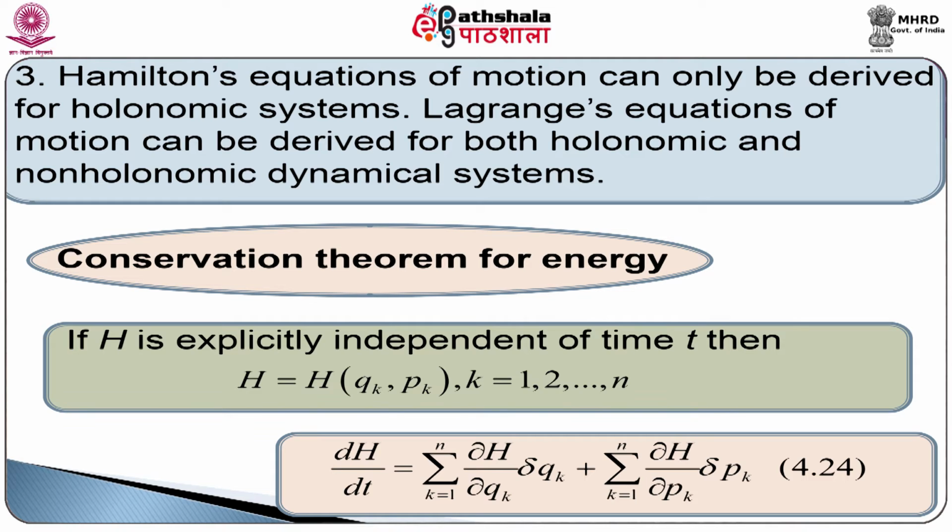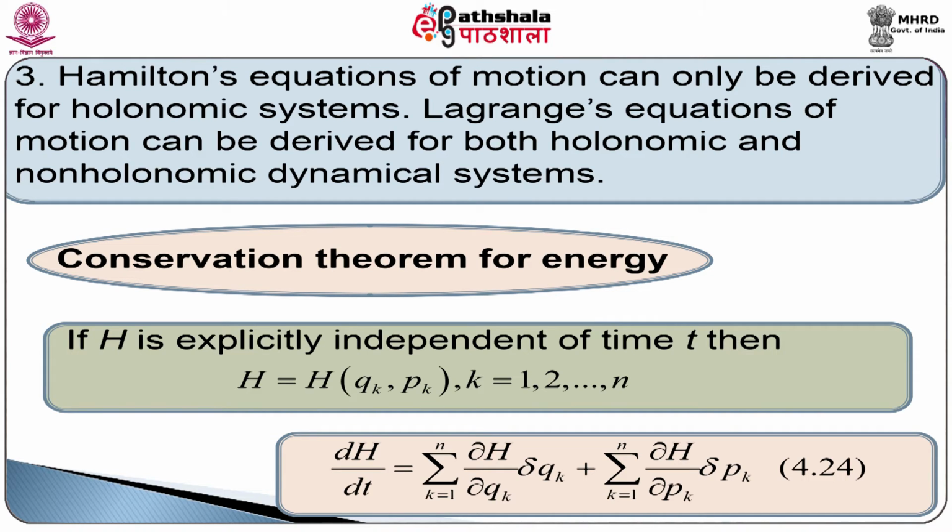Here there is no t as H is independent of time t, so t is absent in the Hamiltonian H. qk is the generalized coordinate, and pk's are the generalized momenta corresponding to the generalized coordinate qk of the given system.